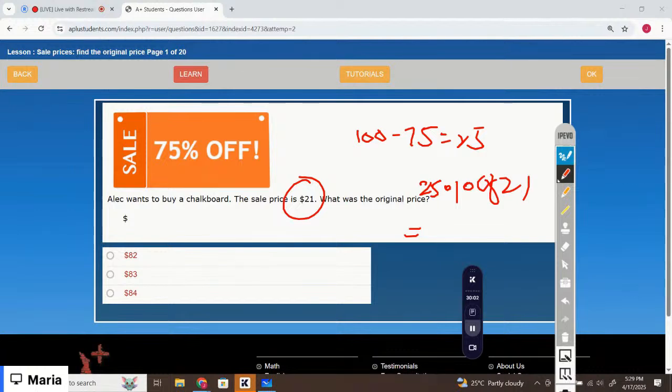So x equals 21 over 25%. So 21 divided by 25% equals 84. So the correct option is $84. Okay, let's just move on to the next question.